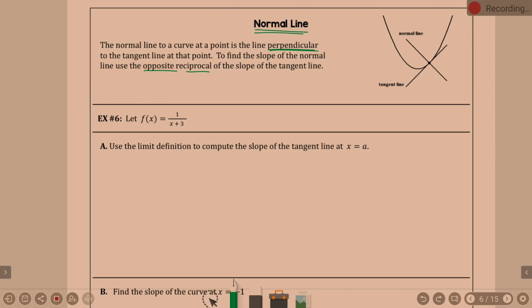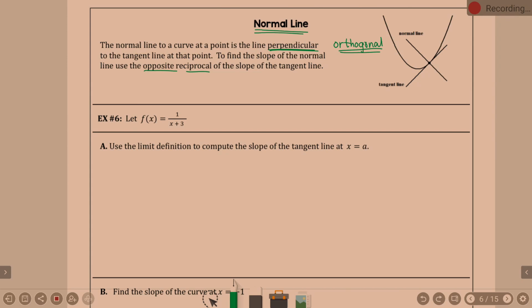let's see. So perpendicular, another word. I know I introduced this one in pre-calc. Do you remember the word orthogonal? Yeah. Okay, which orthogonal is also another word for perpendicular, right? Okay, so normal line, perpendicular, orthogonal, all the same thing.